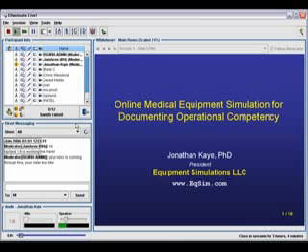The virtual surgery stuff is exciting and very alluring, but what I've found is the equipment aspect is probably 1,000 times more relevant and more problematic. And so I decided to focus on how we improve operational proficiency using computer simulation.